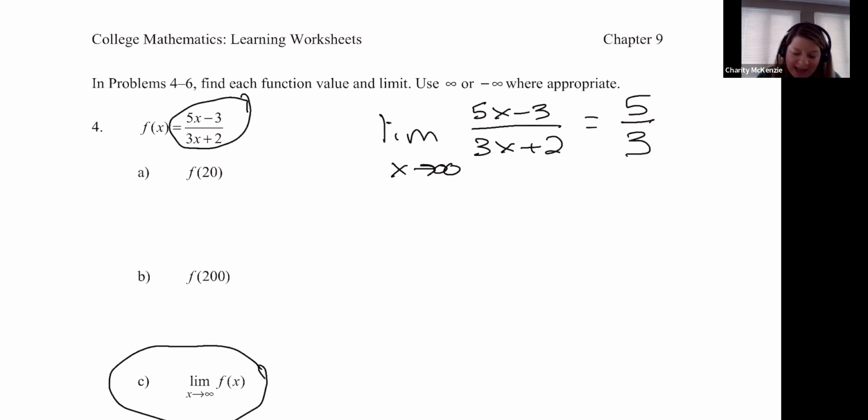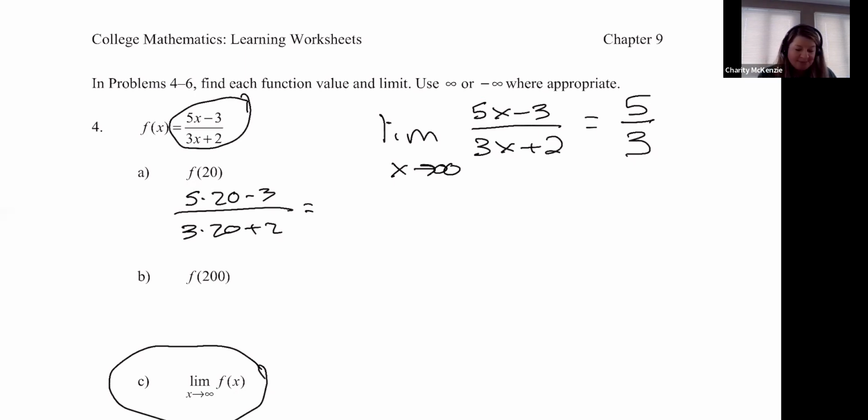So they're saying, okay, what if you put in a 20? So I'm going to have to go 5 times 20 minus 3 over 3 times 20 plus 2. And what is that value? It should be a decimal somewhat similar to 5/3, but I don't know.